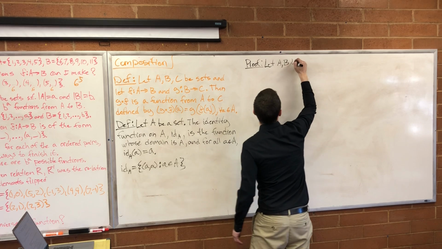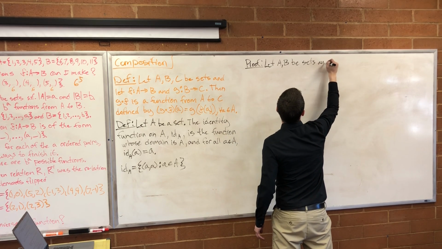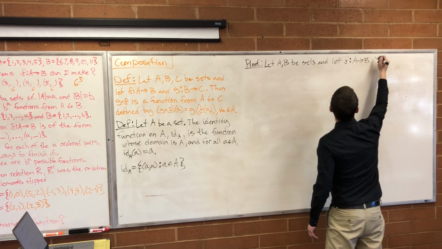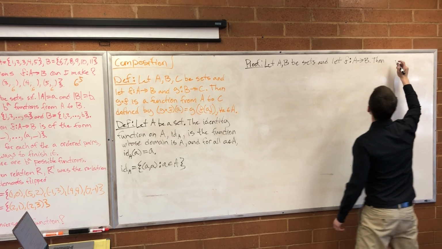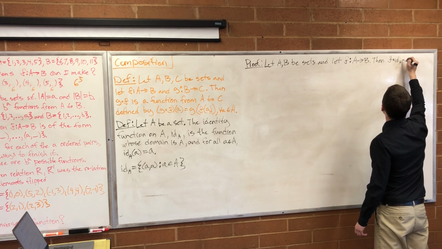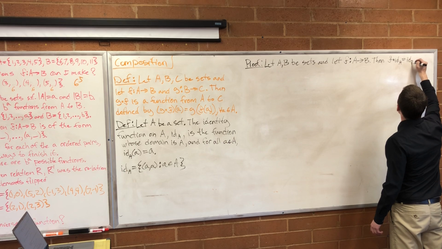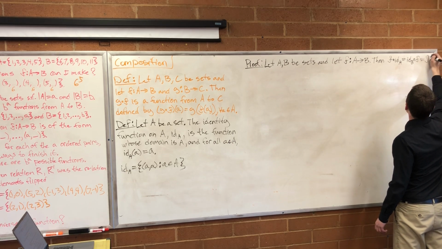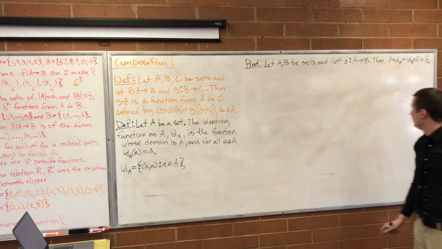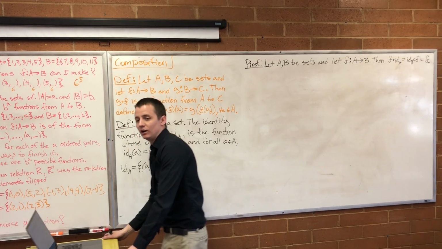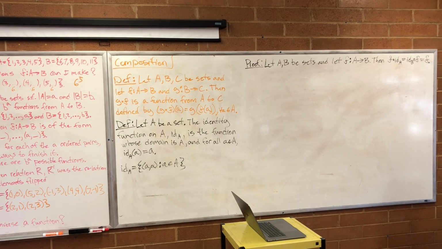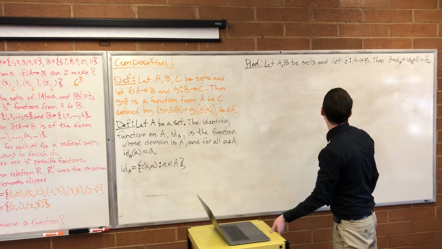Let A, B be sets, and let F be a function from A to B. Then F composed with the identity on A is equal to the identity on B composed with F is equal to F. That's what we're going to prove. So these identity functions act like an identity element with function composition, right? Let's get started.